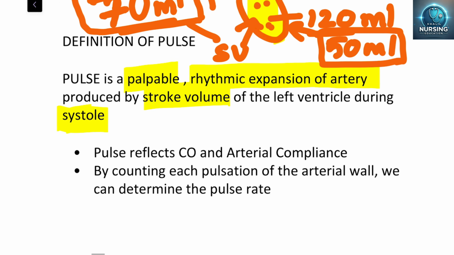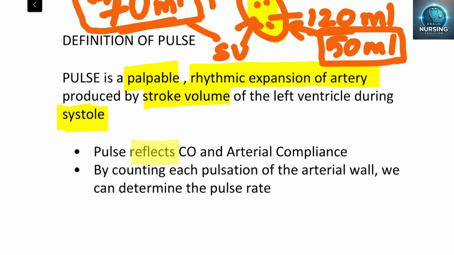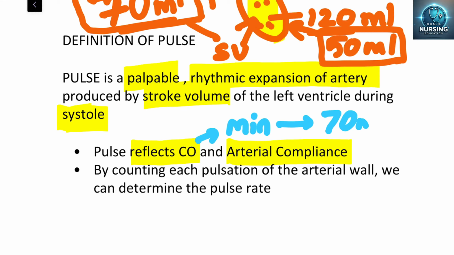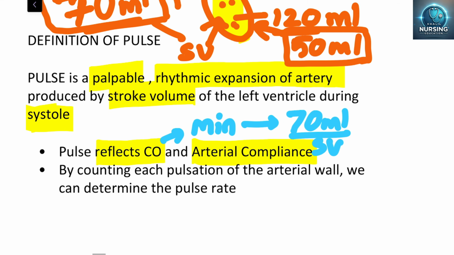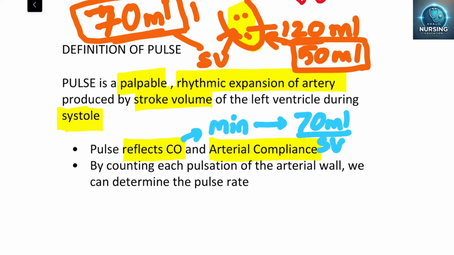Clear? Okay, so pulse reflects the cardiac output and arterial compliance also. Cardiac output is per minute, you should think of this one as per minute. Per contraction, a 70 ml output will be there, and that will be called the stroke volume. But how many beats will be there per minute?